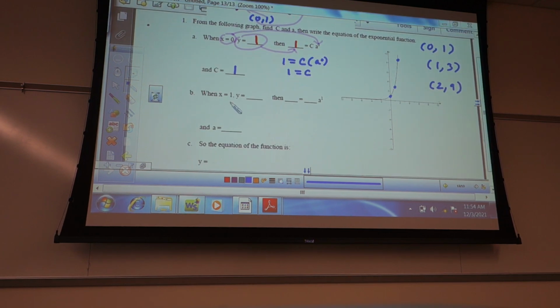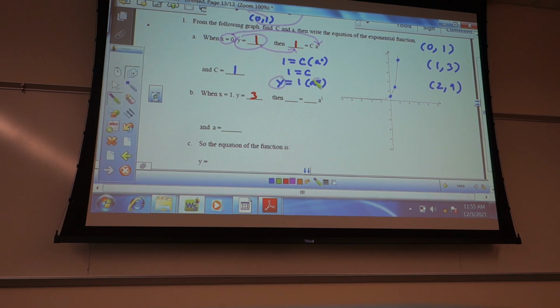So when x is 1, what's my y? X is 1, y is 3. So far I have y equals 1 times a to the x. Now I'm going to substitute in for y and x. I'm going to substitute in 3 for y, and what for x? When y is 3, x is 1.